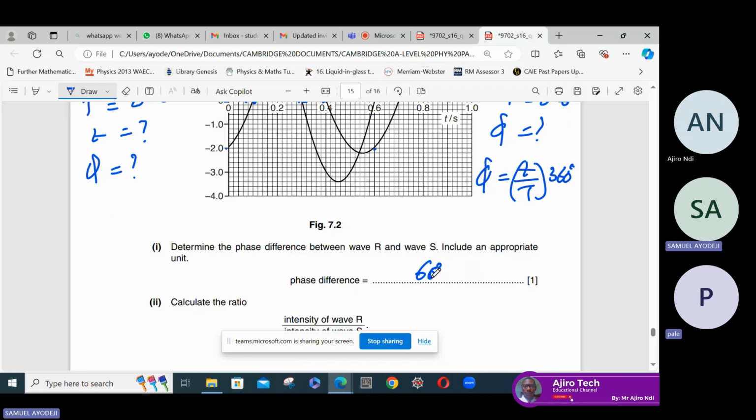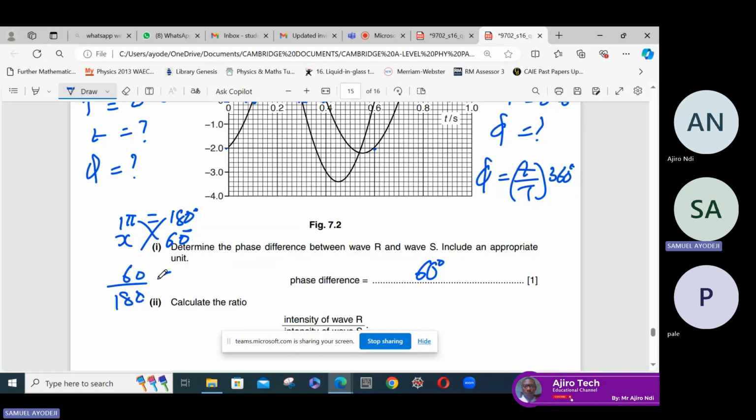They say put an appropriate unit, so you can say 60 degrees. If you want to work with radians, no problem. Remember that pi is equal to 180 degrees. So 60 degrees equals x, in terms of pi, that will give me 60 over 180.